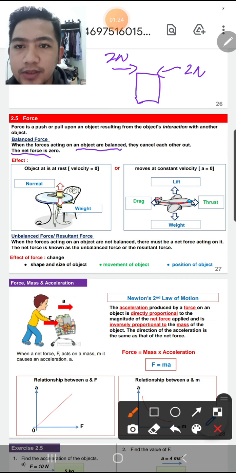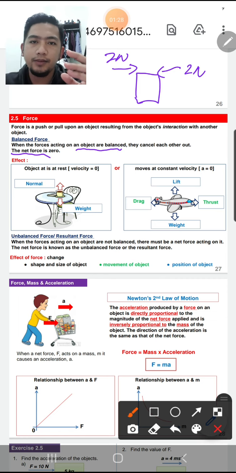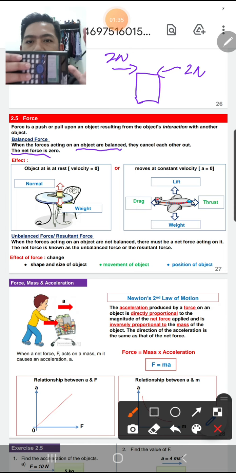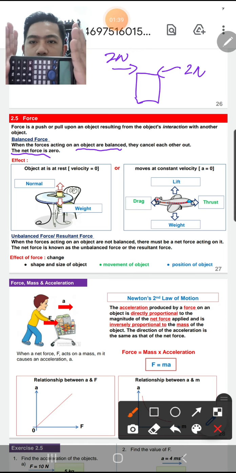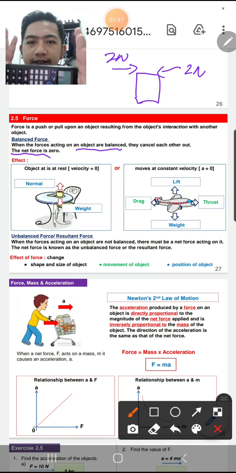So the net force here is 0 because one person pushes the box with 2 Newton force, and another one also 2 Newton. So the same force you apply to the box, so the box doesn't move. They cancel each other out.